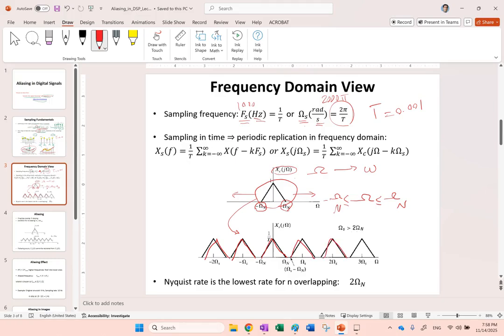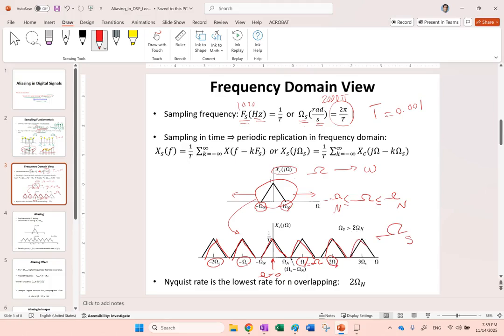And how far are they away from each other? In other words, if the center of this one is at omega of 0, what's the center of the next one? You see that the center of the next one is at omega equal omega s. The next one is at 2 omega s, then negative omega s, negative 2 omega s, and so on. So you get replicates of the frequency plot at distances of omega s.